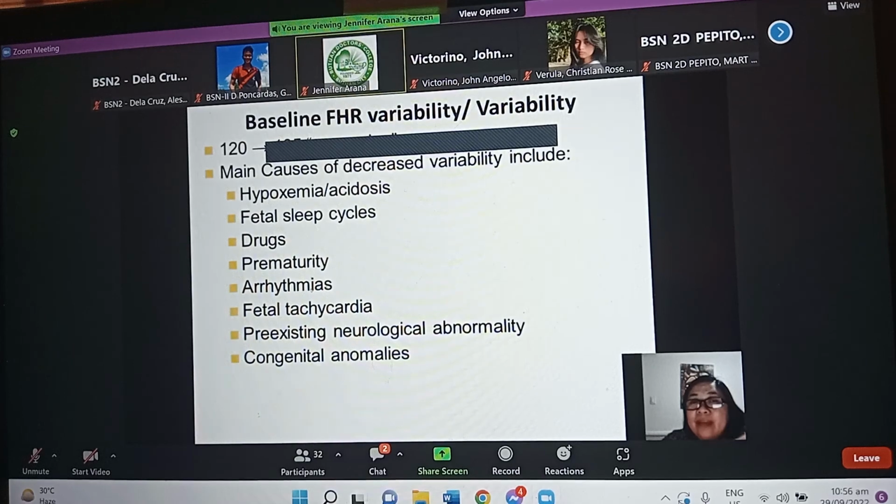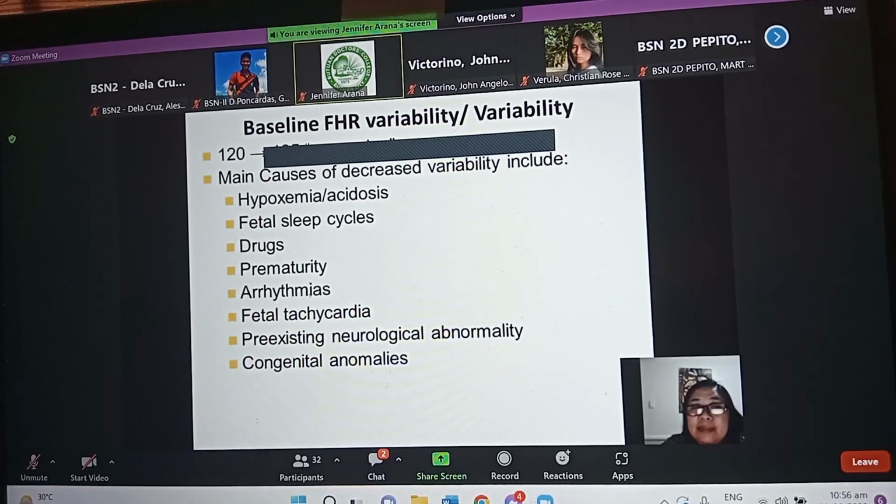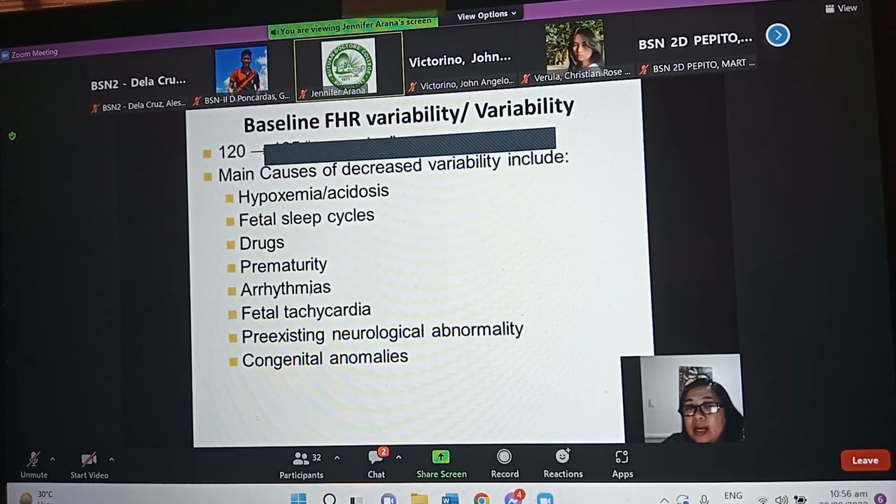The problem is when there is decreased variability. Okay? What's the main cause of decreased variability? You have hypoxemia or acidosis, fetal sleep cycles, drugs like analgesics, barbiturates, tranquilizers, anesthetics.